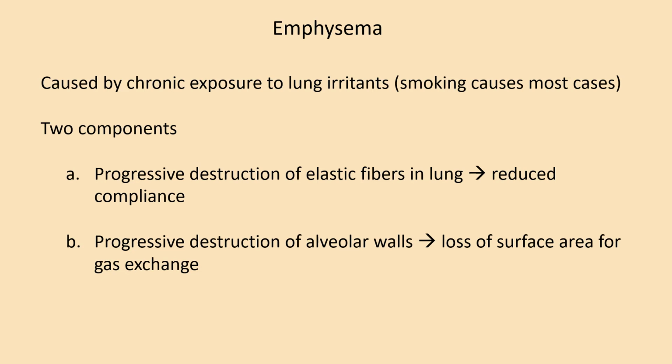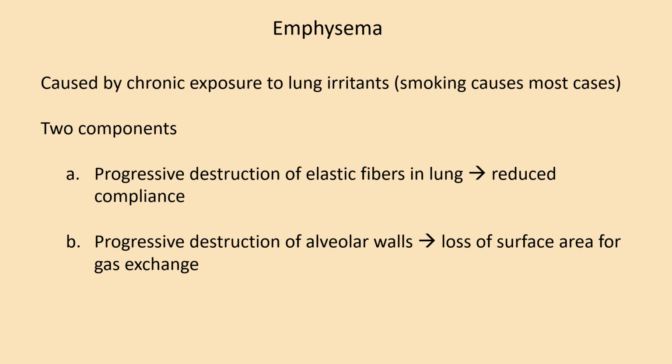Another factor that can lead to a low compliance situation is a disease known as emphysema. The most common cause of emphysema is smoking tobacco, but also chronic exposure to other lung irritants, like in coal miners, for example, can lead to emphysema. And emphysema is a chronic and progressive disorder.